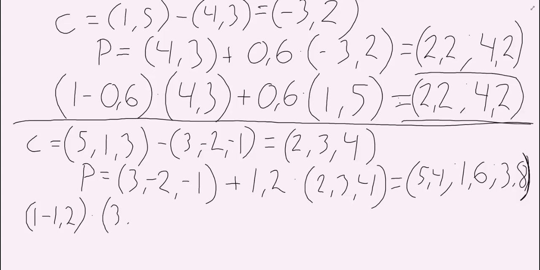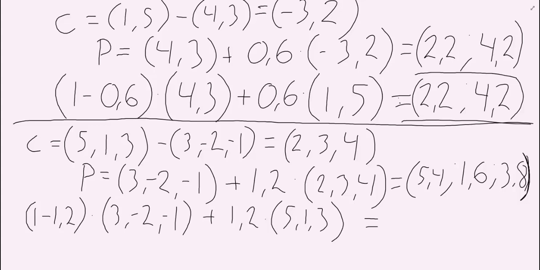So this times a, which is 3, minus 2, minus 1, plus 1.2 times b, which is 5, 1, 3. And this yields, so 1 minus 1.2 is minus 0.2. So minus 0.2 times 3 is minus 0.6. 1.2 times 5 is 6.